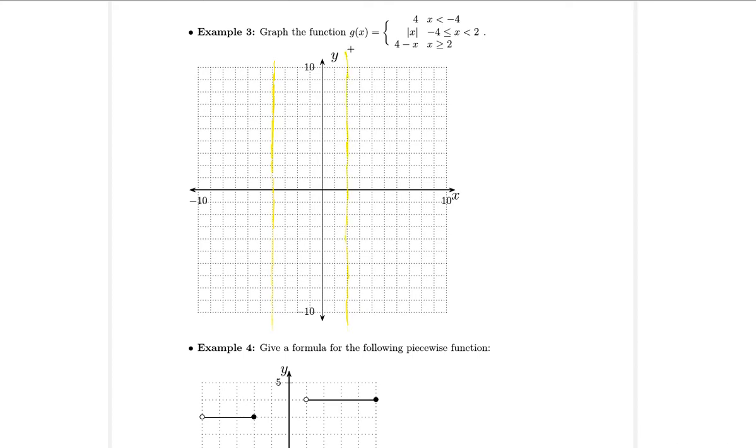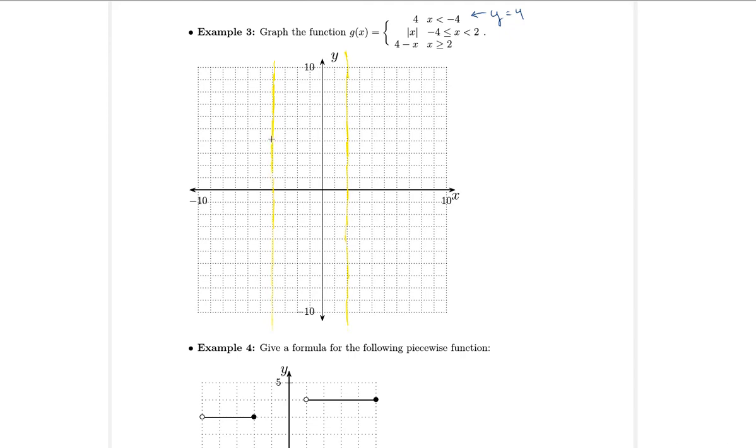Okay, so now in my head I have it really delineated. Now up here, when we say g of x is equal to 4, remember that's just y equals 4, which hopefully you remember is just a horizontal line where the y value is always 4. So we want that to be the case from -4 and lower.